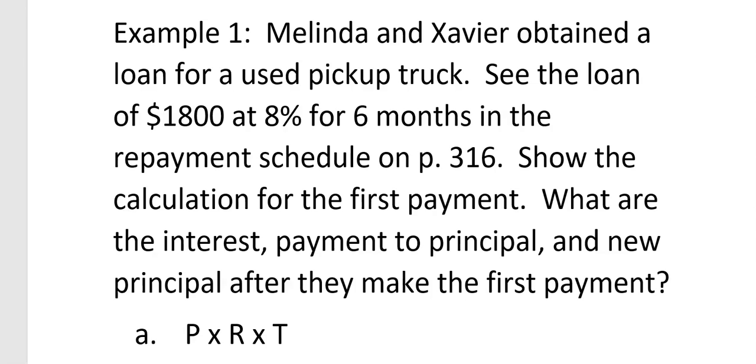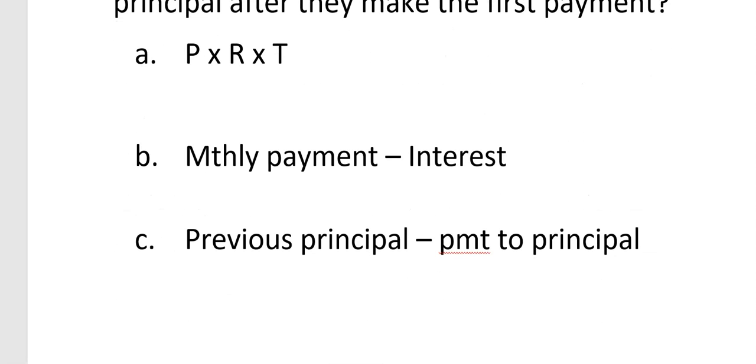Let's check to see that they are calculating right. We're going to do payment number 1. The initial principal is how much you borrowed, $1,800. The rate this time is 8%.